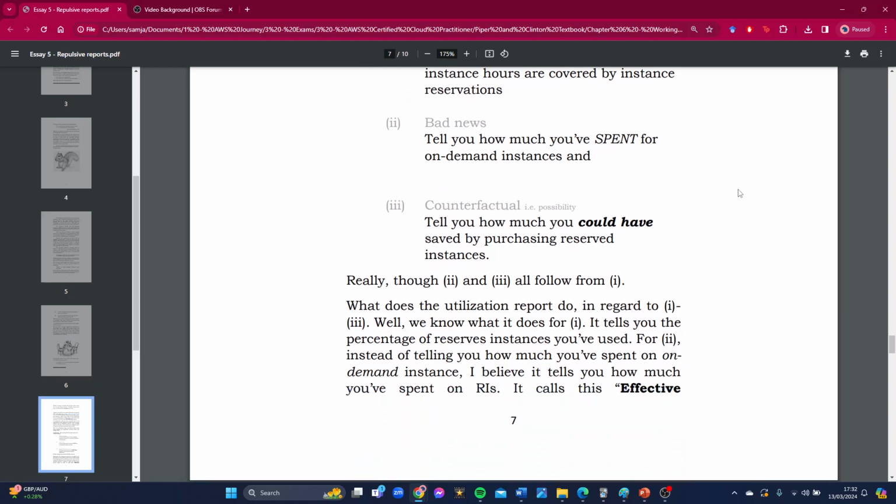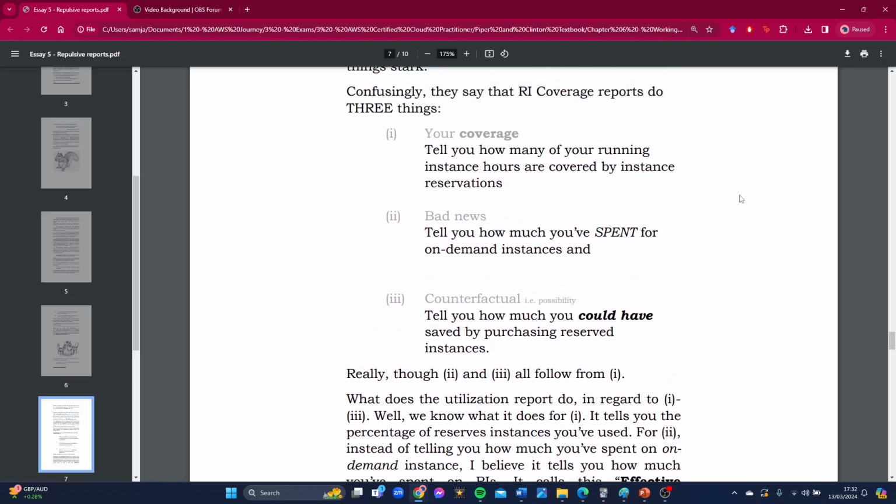And three, tell you how much you could have saved by purchasing reserved instances. Really though, the second and third idea, how much you've spent on on-demand and how much you could have saved, are sort of derived from the first idea. How many of what you're running, the concrete instances you have, are covered.